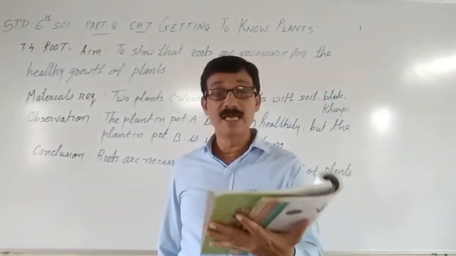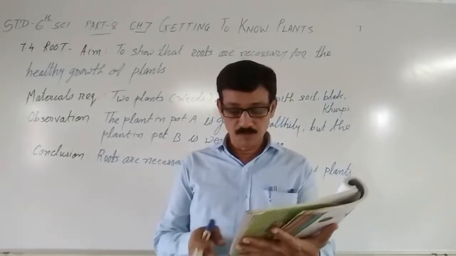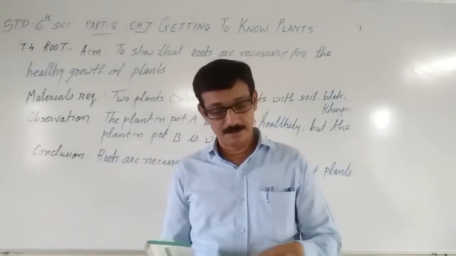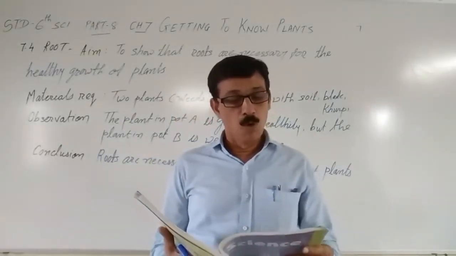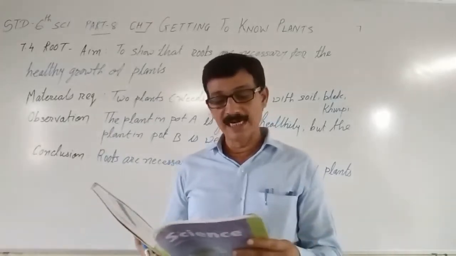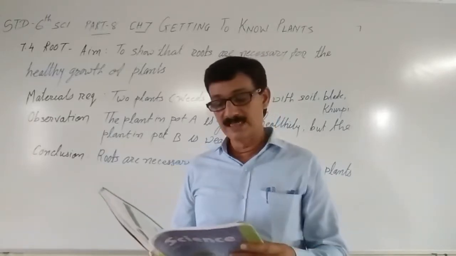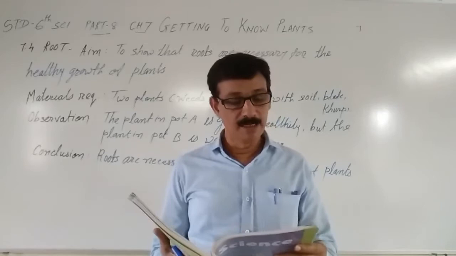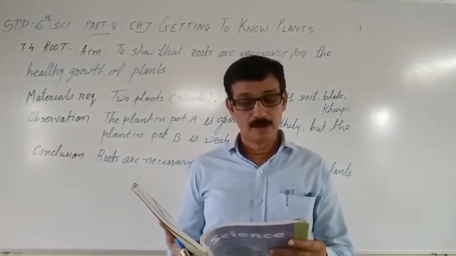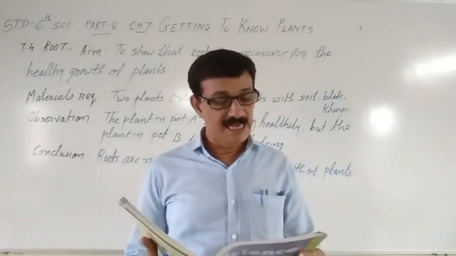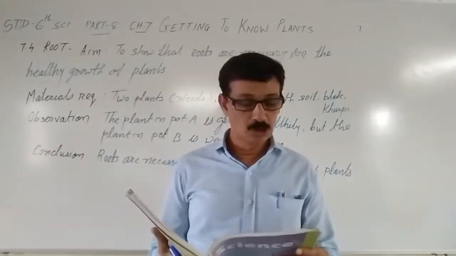Plant one of them in pot A. Cut off the roots from the other plant and plant it in pot B. Water them regularly. Observe the plants after a week. Are both plants healthy? Both the plants are watered regularly, but one is without roots, isn't it? Does this activity help you understand an important function of the root? Let us do and try.